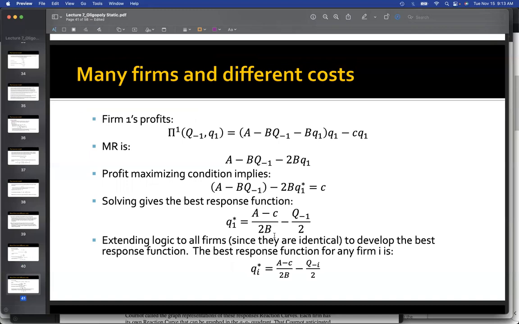And look, it's almost the same best response function, except ito na is everyone else's output and not just one firm's output. And generically, it's the same since everyone is facing the same problem. In general, person i's reaction is just the monopoly output minus 1/2 of the total of everyone else's output.